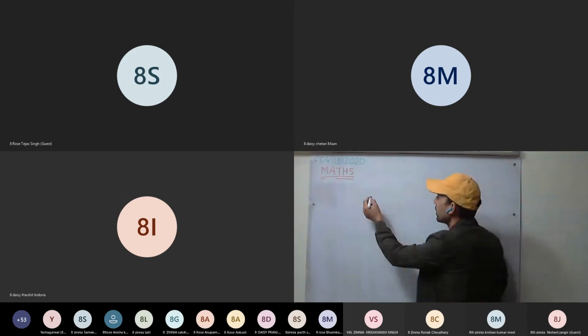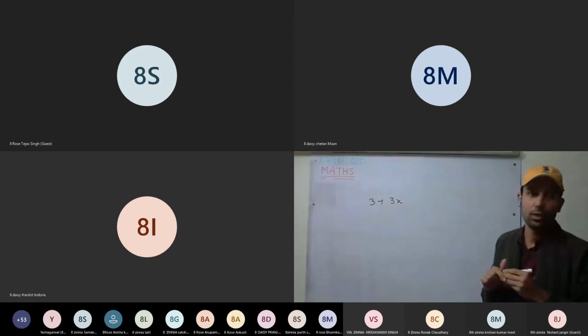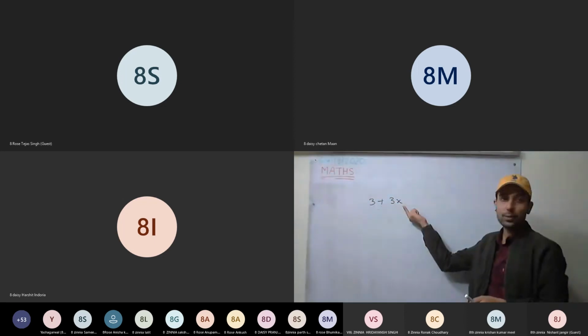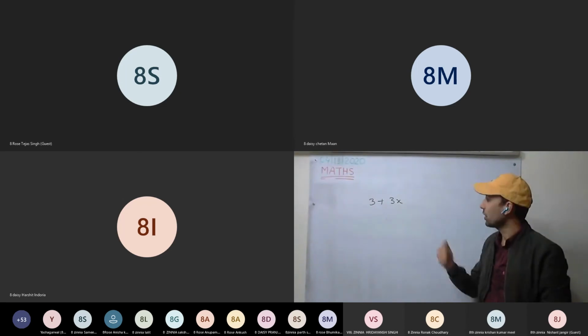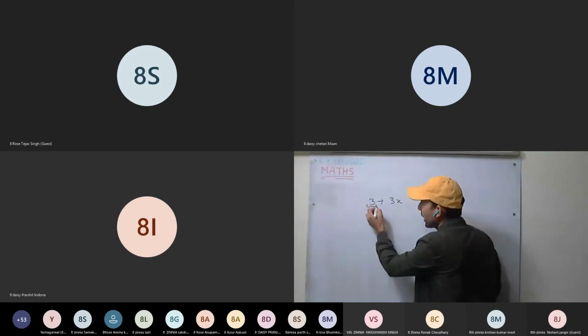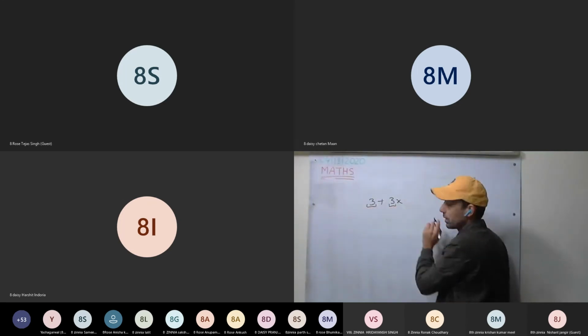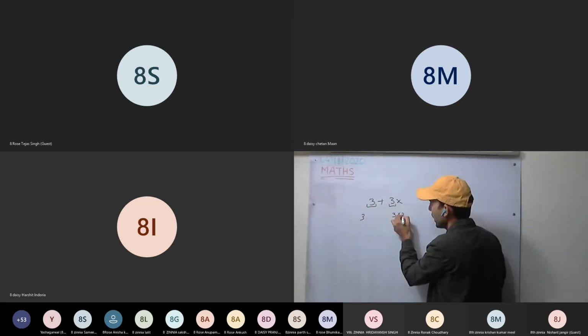For example, 3 plus 3x is given. This is an algebraic expression. We have a constant and a variable, and we have to find the factors of this one. So how can we do it? The method is to factorize this one and factorize this one. Its factor is 3, and the other's factor is 3 into x.